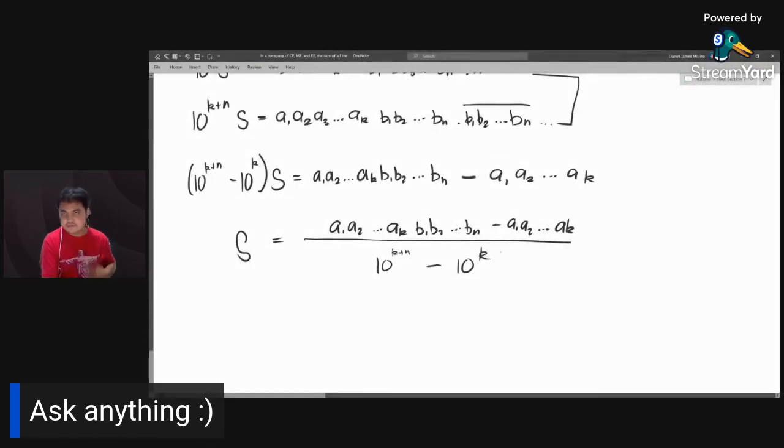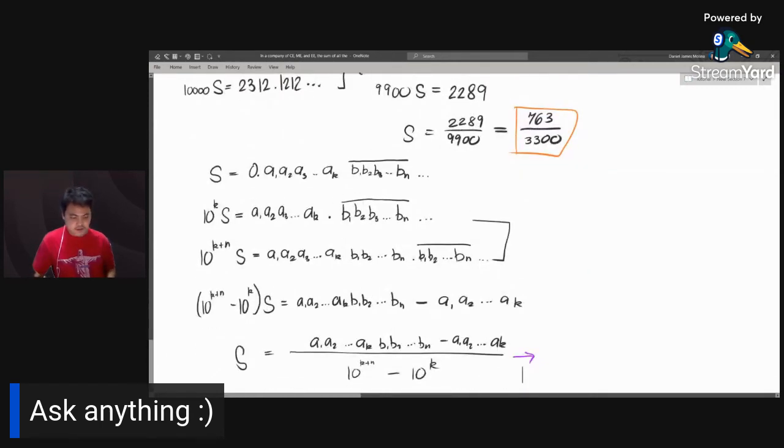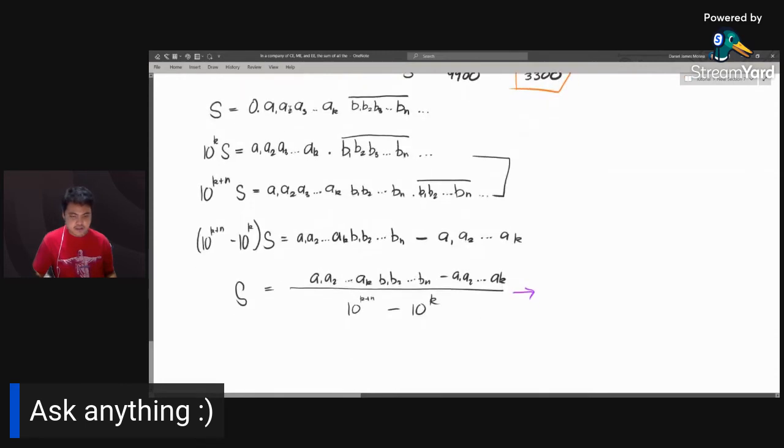Ngayon, tignan natin, kasi from here, makukuha na natin yung shortcut niya. We can already find the shortcut of this one. Based sa ating number, yung mga A, hindi na uulit, tapos yung mga B, nauulit na decimal.